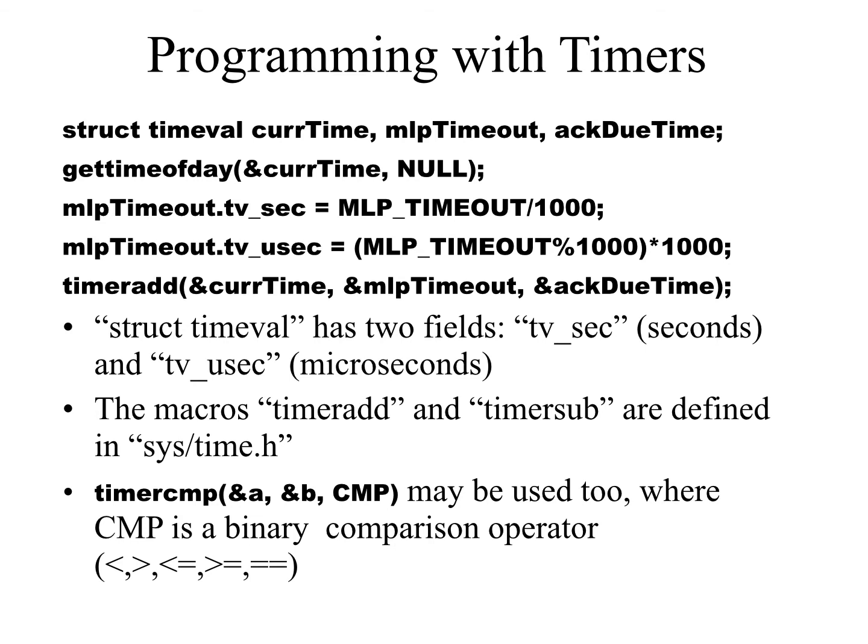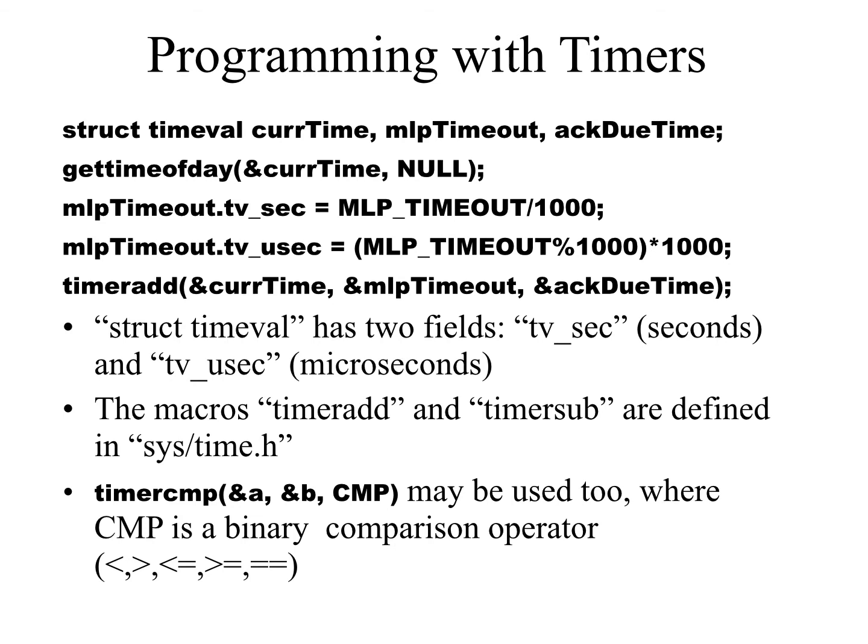After sending and receiving, this is something about programming with timers. There is a structure called timeval, which has two fields, tv_sec and tv_usec. tv_sec stores the result in seconds and tv_usec stores the result in microseconds.